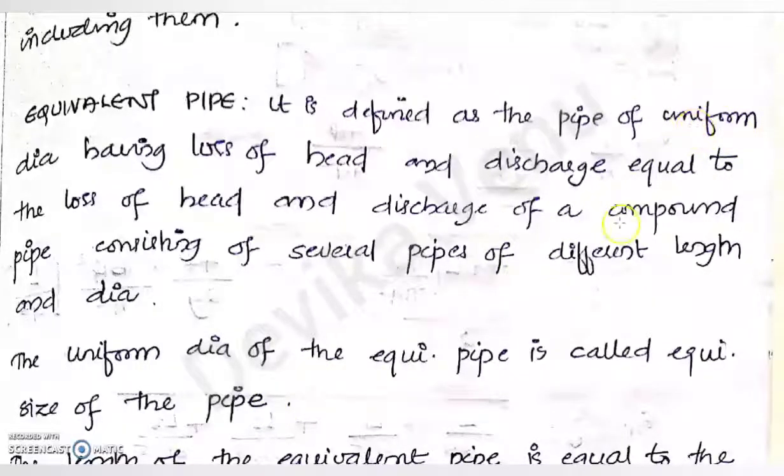Okay, so you know that a compound pipe will have different lengths and different dia, isn't it? So it will be a combination of different pipes. So for the equivalent pipe you are finding out the uniform dia of that pipe which has the same loss of head and discharge as that of the compound pipe.